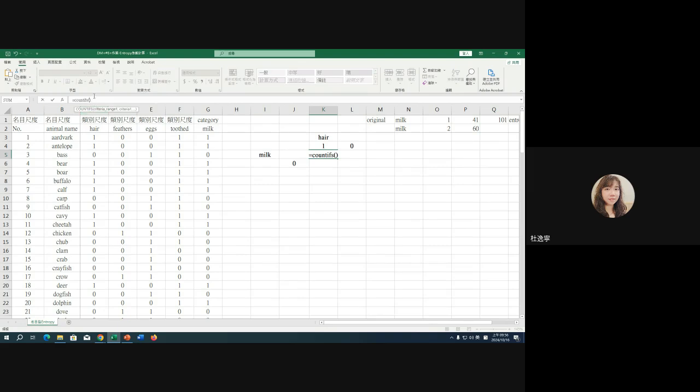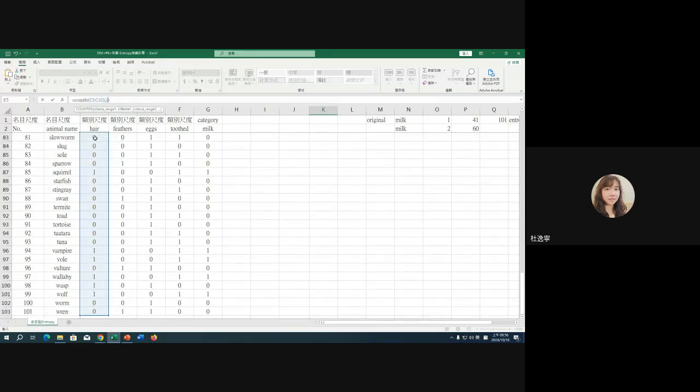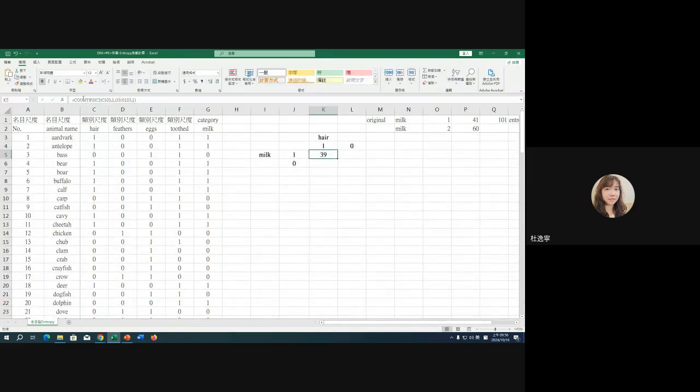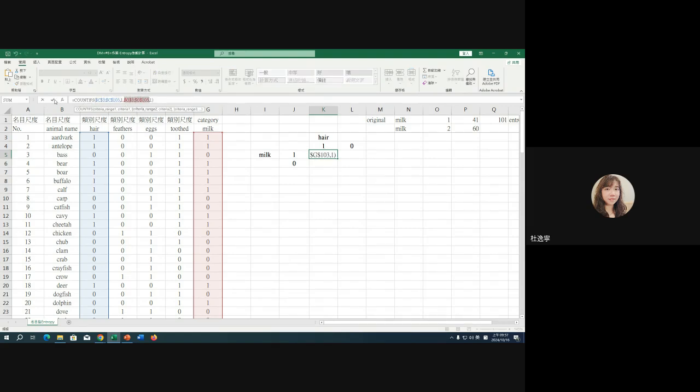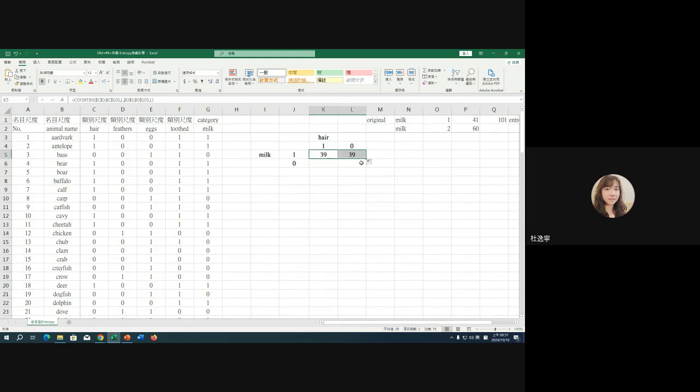Because it must satisfy two conditions. First one is from here, hair comma 1, and milk comma 1. So this is 39, and we will block everything. Use F4 and block column and row. And then we will copy the format for each one. And we will check.